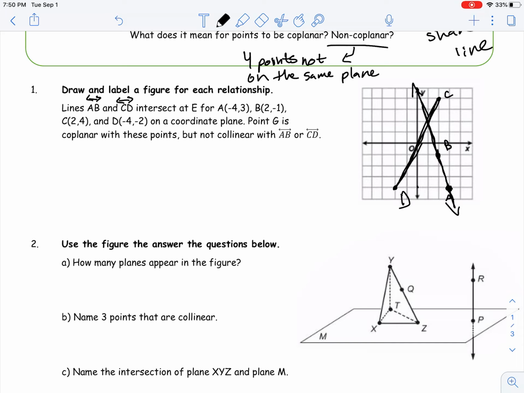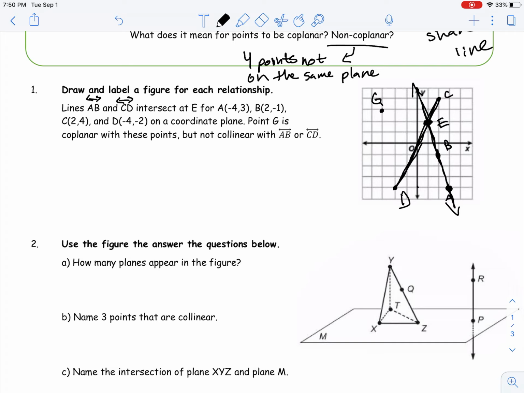Point G is coplanar with these points, but not collinear with AB or CD. Oh, I forgot to put my intersection point at E. We said we were intersecting at E. And then point G is coplanar, but not collinear with them, which means point G would have to be not on either of those lines. G could be off on that point over there.